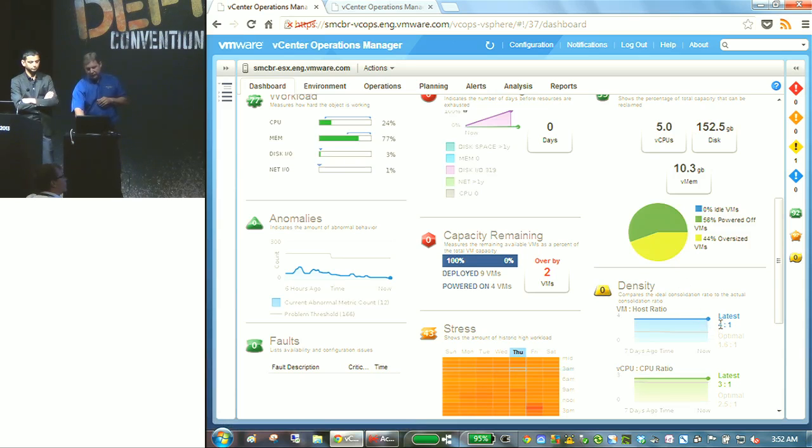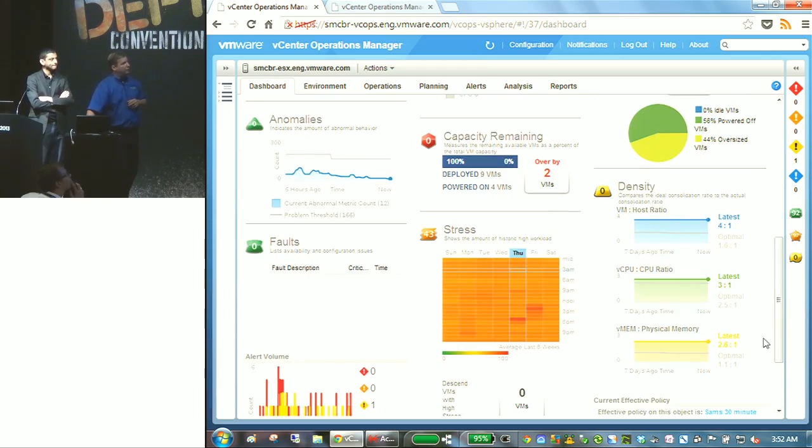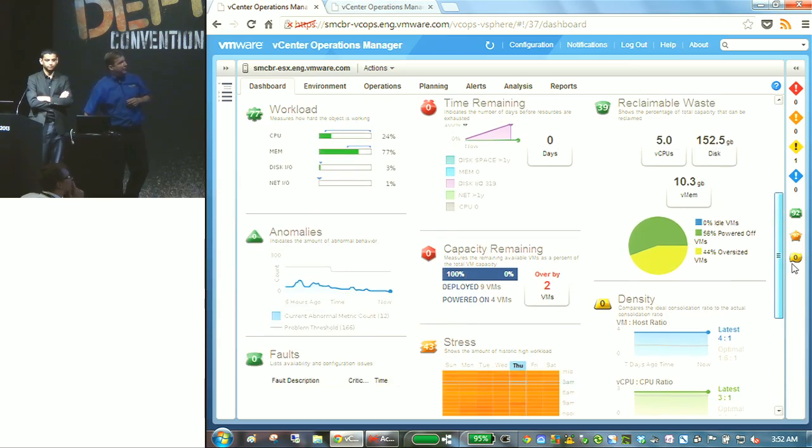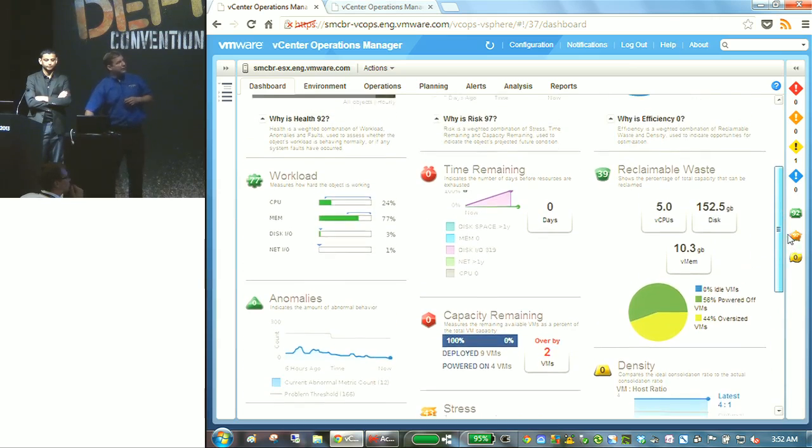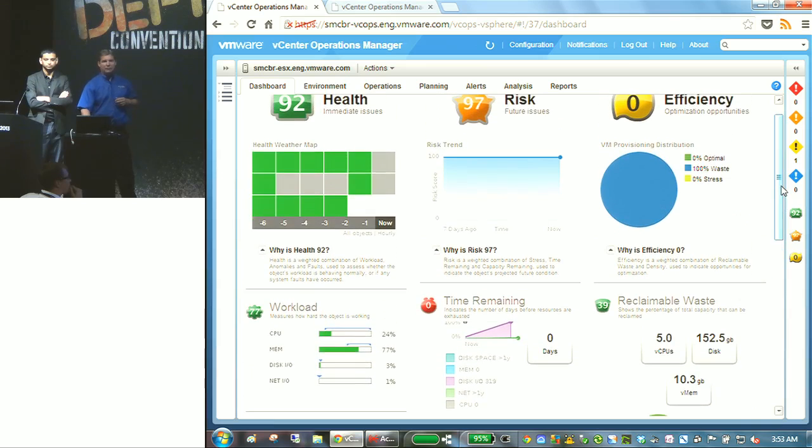So my density is 4 to 1. It's telling me that I'm way too high. I should be somewhere around 1.6 to 1 based on its calculations, and that's usually due to something, either CPU or memory. In this particular case, it's memory. I've just oversubscribed the memory on this box. But that's all the badges in detail.